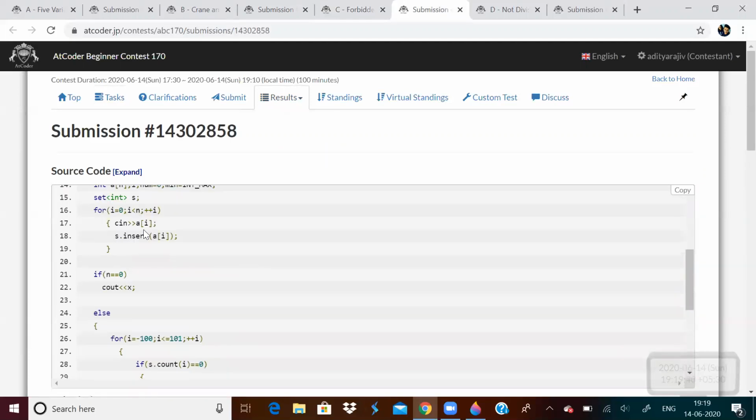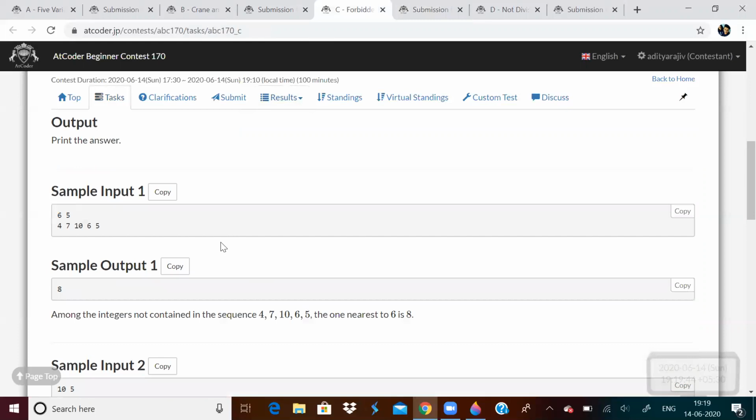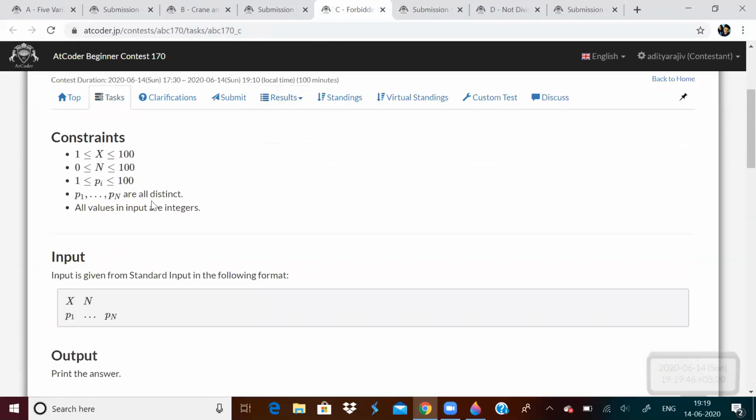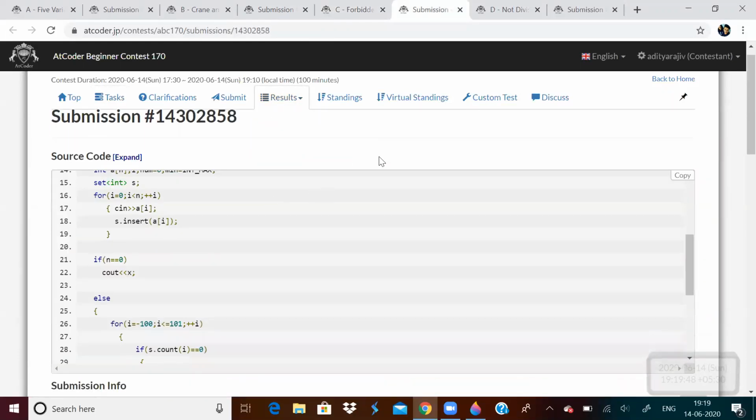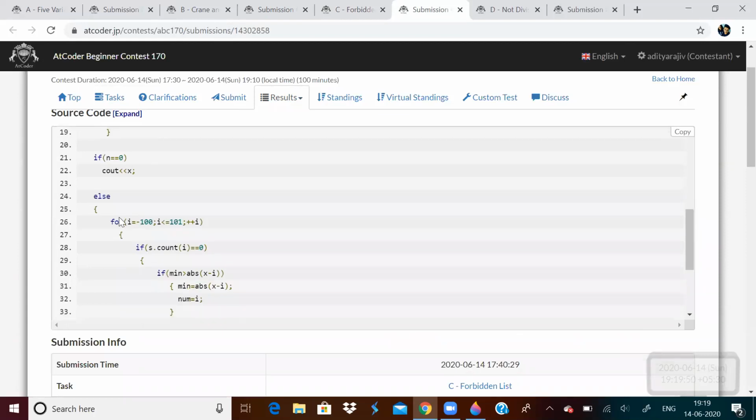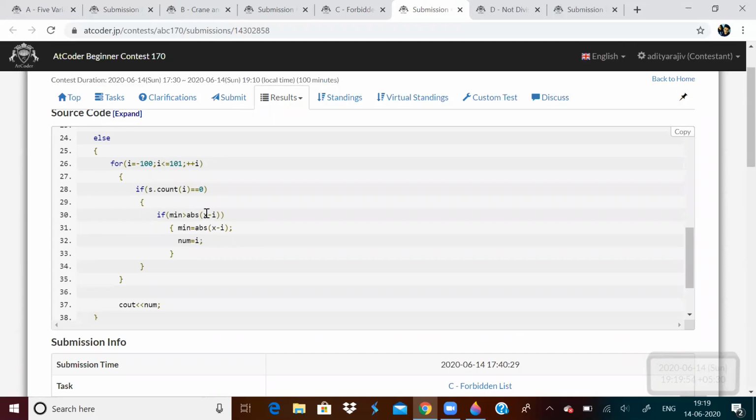And first of all, I put all the array elements in a set because they have told all the elements are distinct. So just put it in a set and run a loop from minus 100 to 101, or you can run it from, I think, 0 also. It won't be such a problem. Simply, I just ran it from minus 100 to 101.